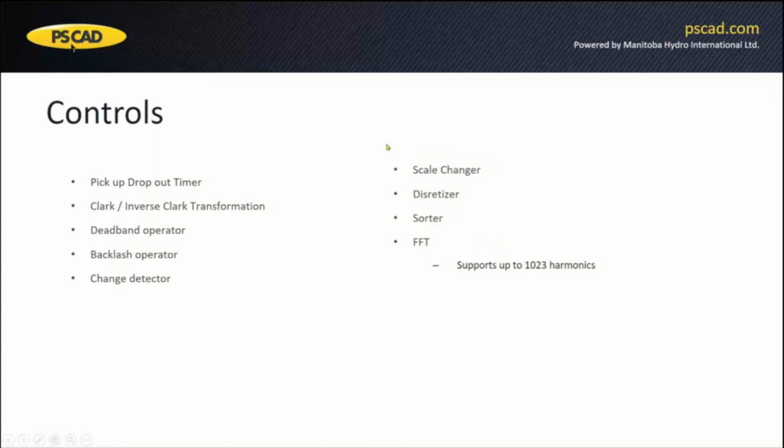And if you want to change one set of coordinates to another set of coordinates, you can use the scale changer and discretizer. You have seen it when I went through the MNC components. And we have updated the FFT component so that now it supports up to 1023 harmonics.